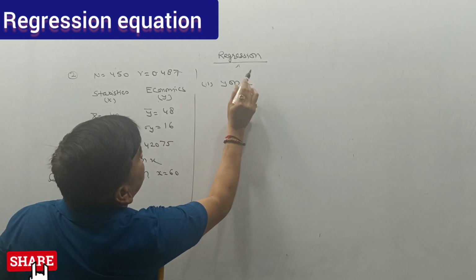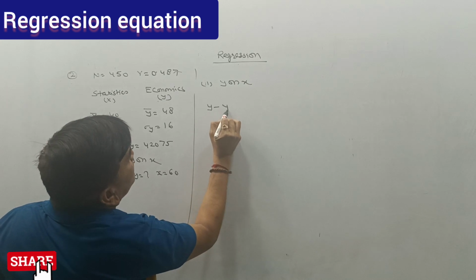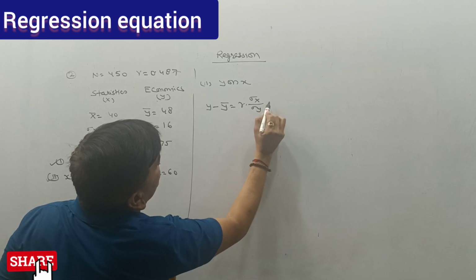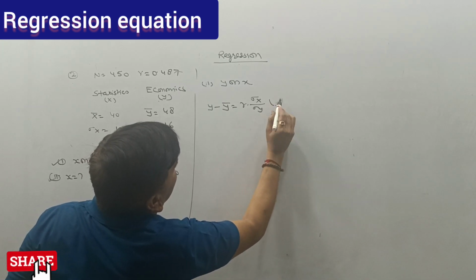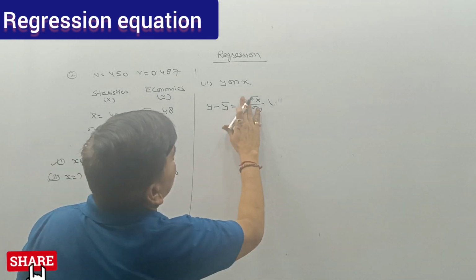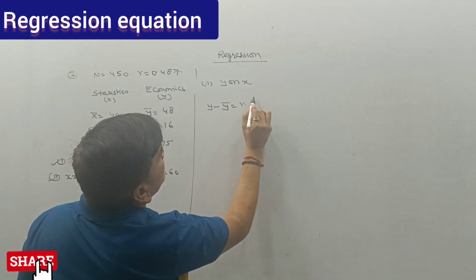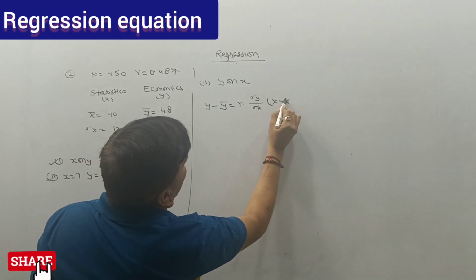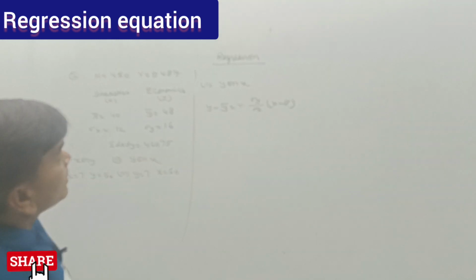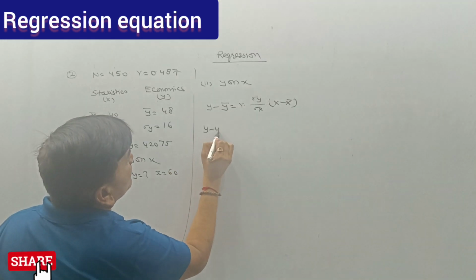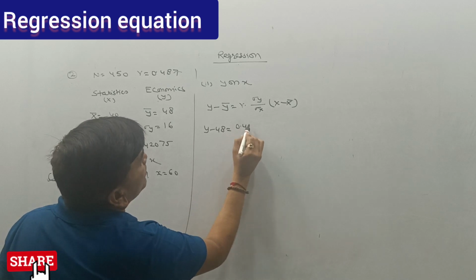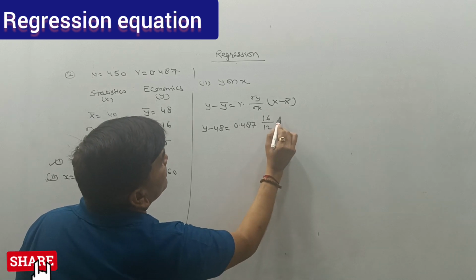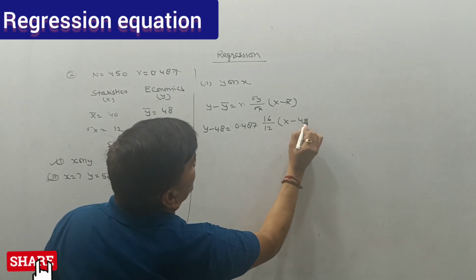The y on x equation is y minus y bar equals r times standard deviation of y divided by standard deviation of x, times x minus x bar. Here r times standard deviation of y will be on the upper side, and standard deviation of x on the lower side. So y minus 48, r value is 0.487, standard deviation of y is 16, standard deviation of x is 12, x bar is 40.